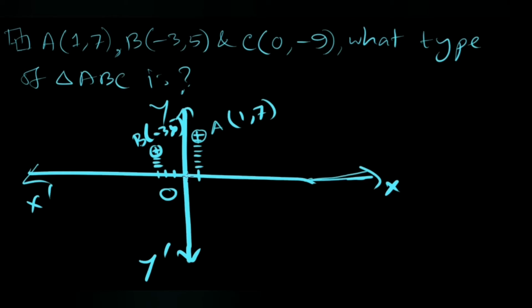So the origin is 0, and as the ordinate is -9, we'll go downward 9 steps. So 1, 2, 3, 4, 5, 6, 7, 8, 9. So this is our point C, and the coordinate is 0, -9. So just draw this one.